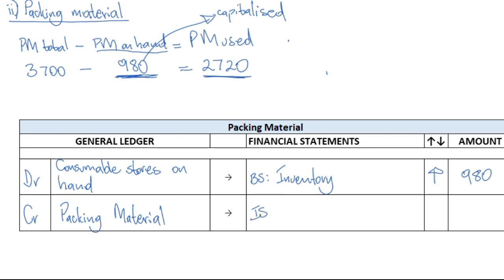Packing material sits in the income statement as an expense, so we need to decrease the packing material line item by 980 rands.